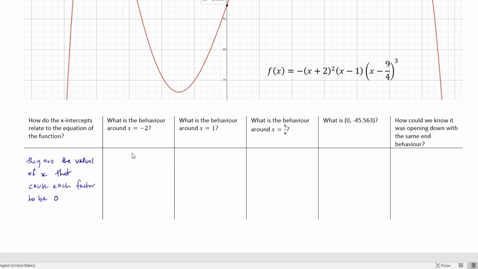I can look at the equation and tell you what they are. One x-intercept should be negative 2, the other x-intercept should be 1, and the final x-intercept should be 9 over 4.